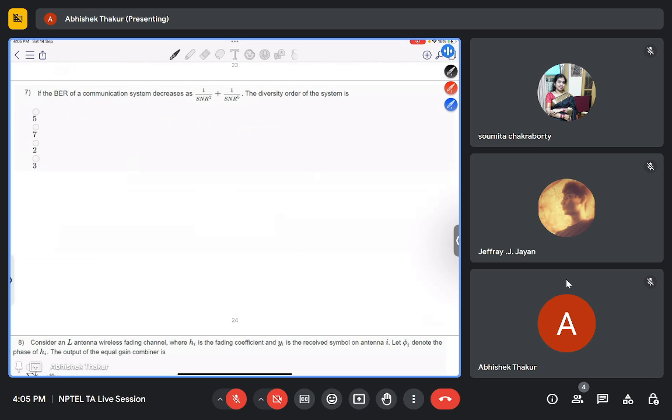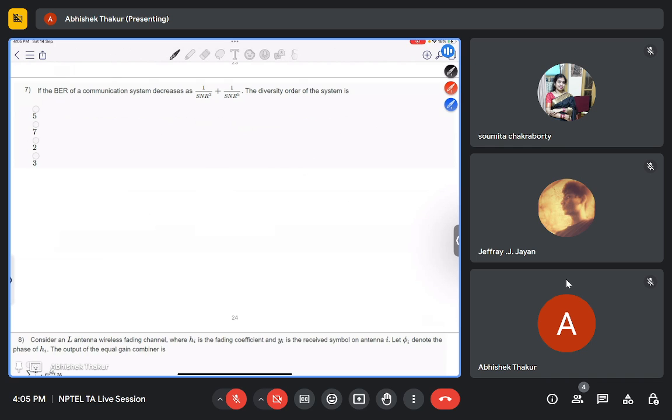Now 3 more questions we'll solve and we will close this lecture here. If the BER of a communication system decreases as 1 by SNR squared plus 1 by SNR to the power of 5, the diversity order of the system is. So in this question, you can see like at high SNR, the terms in the denominator having lower order will be the dominating.